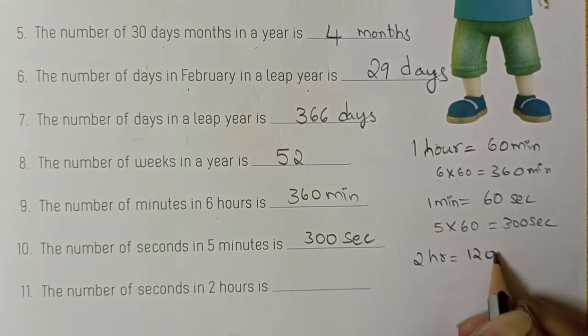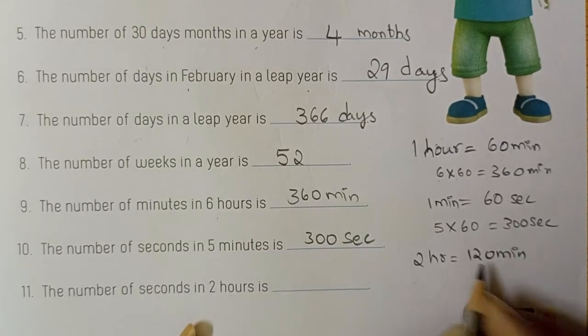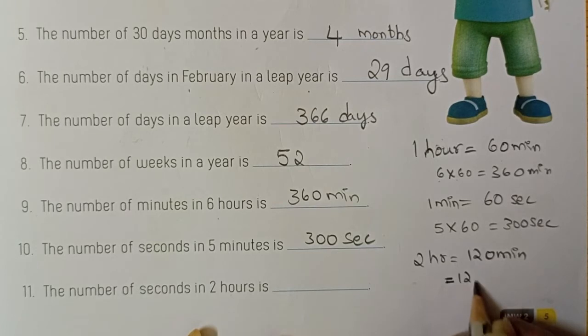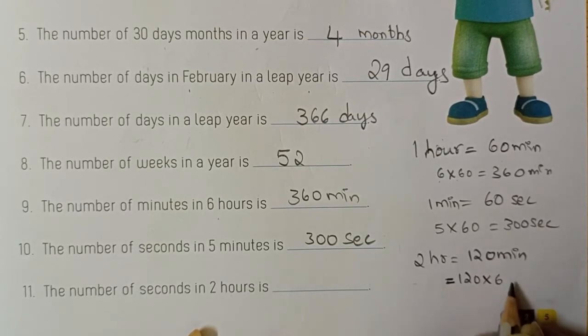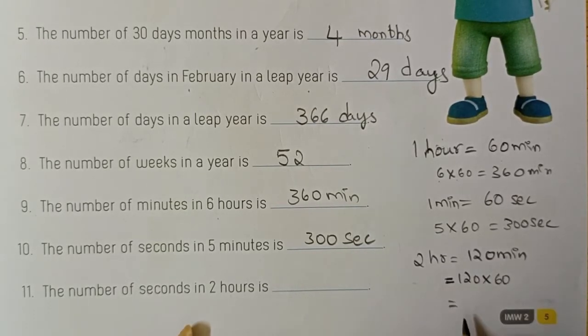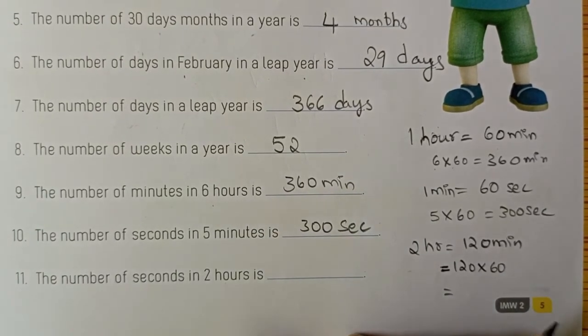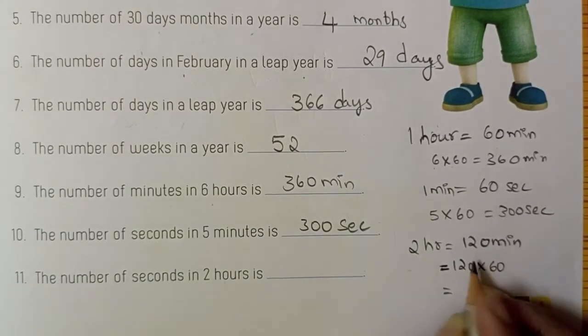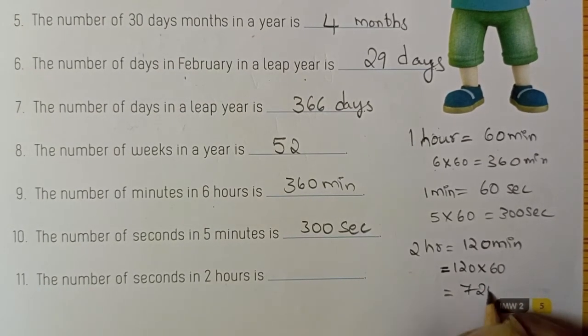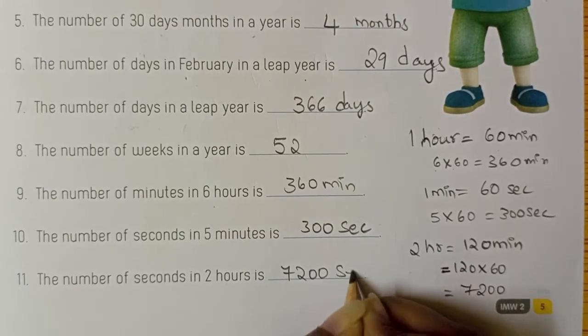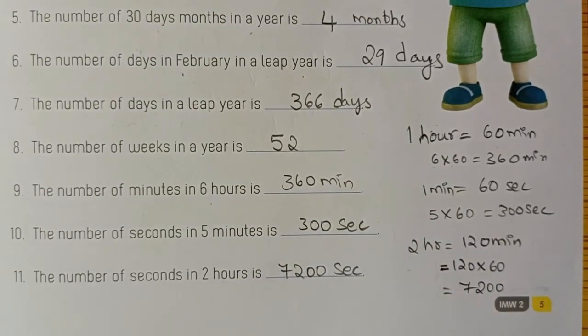For each minute it has 60 seconds. So 120 into 60. The total is 7,200 seconds. So the number of seconds in 2 hours is 7,200 seconds.